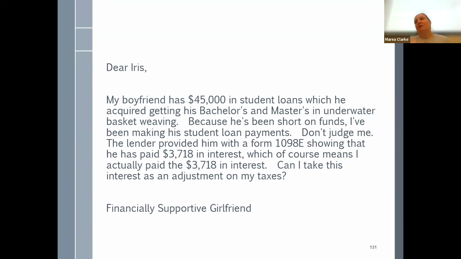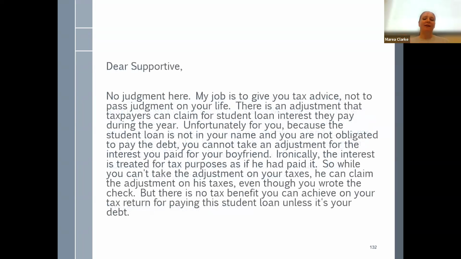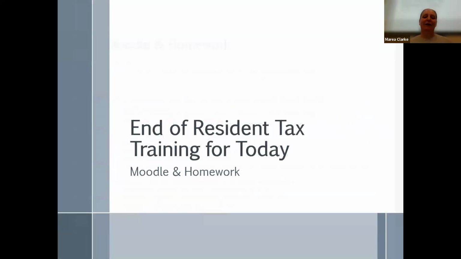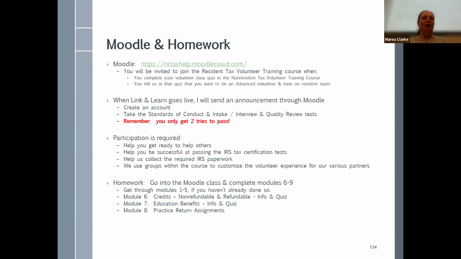I actually paid this interest. Can I take this on my taxes? Basically, we love you. I hope you love the guy, but sorry, he's going to get to take it on his taxes. You do not get to do that. Hopefully, he'll take you out to a nice dinner to say thank you for all of that with the refund of your money.